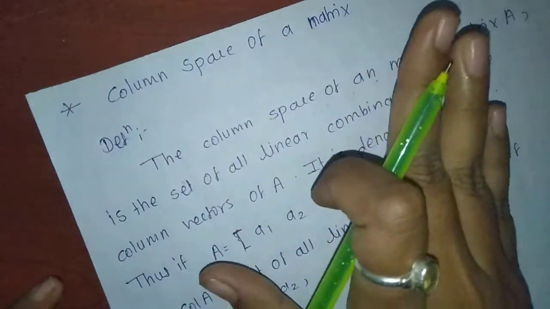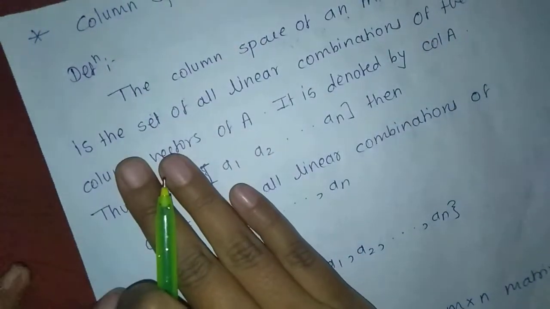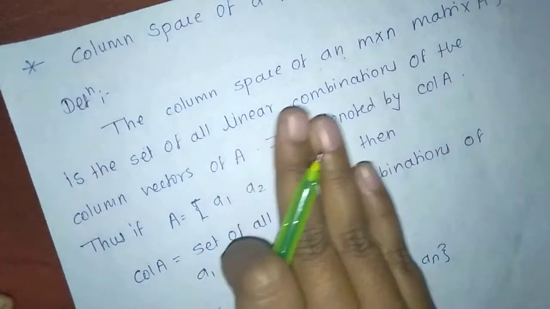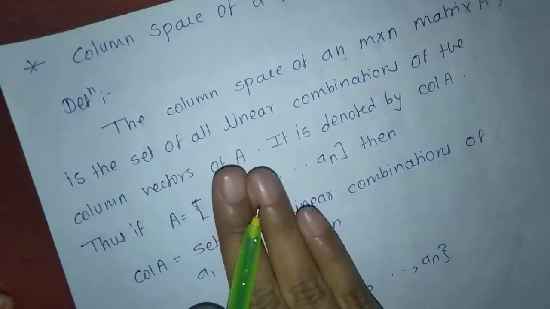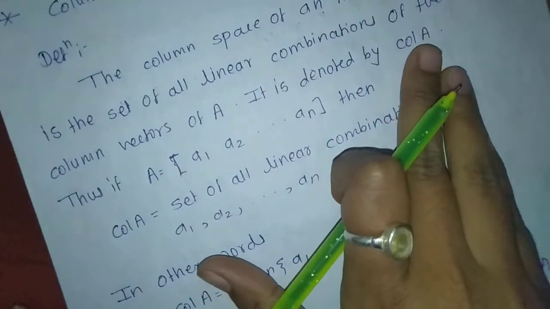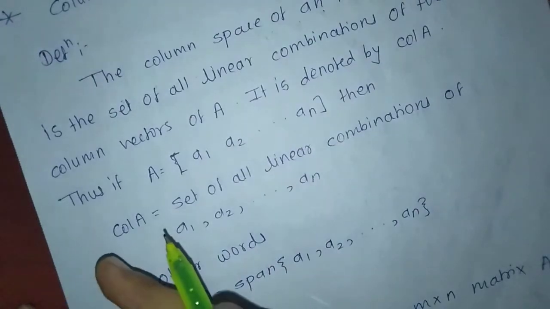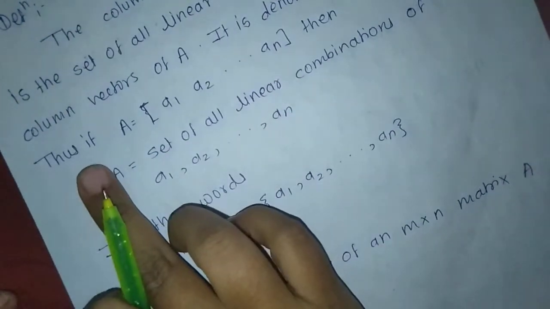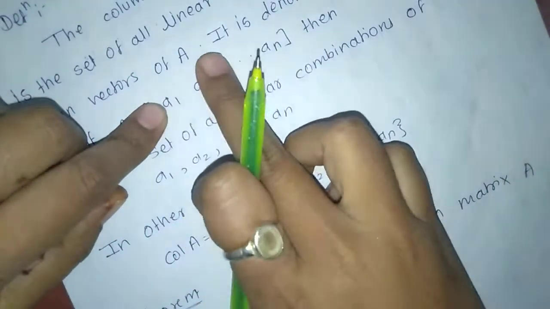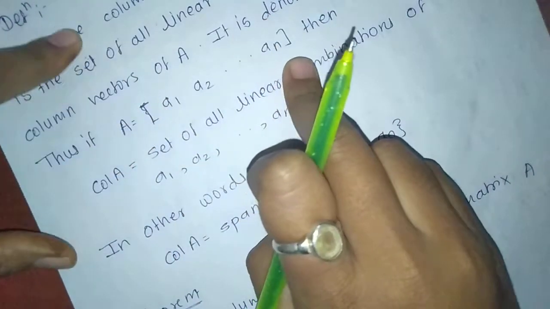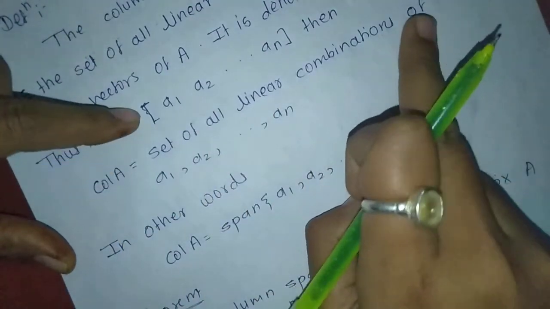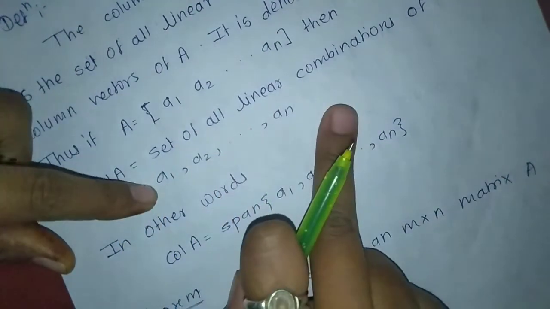Next point, column space of a matrix. Definition: the column space of an m by n matrix A is the set of all linear combinations of the column vectors of A. It is denoted by Col A, means column space of A. Thus, if A equals [A1, A2, and so on An], first column, second column and so on nth column, then the column space of A is the set of all linear combinations of A1, A2 and so on An.